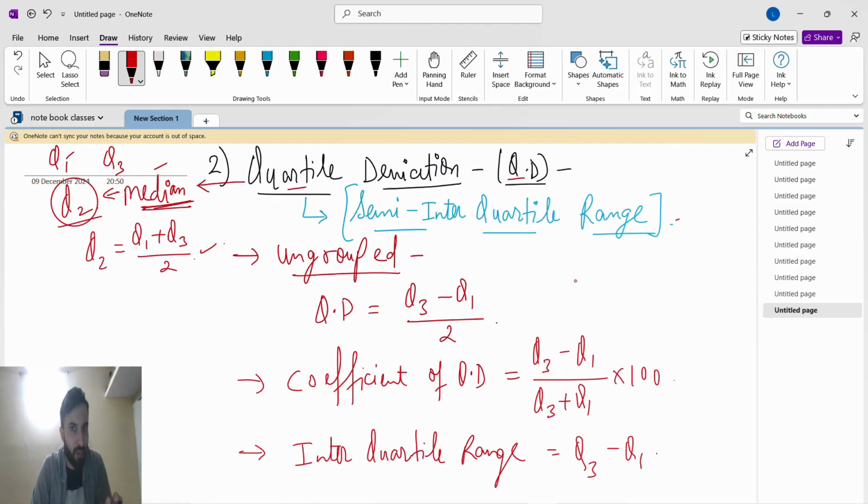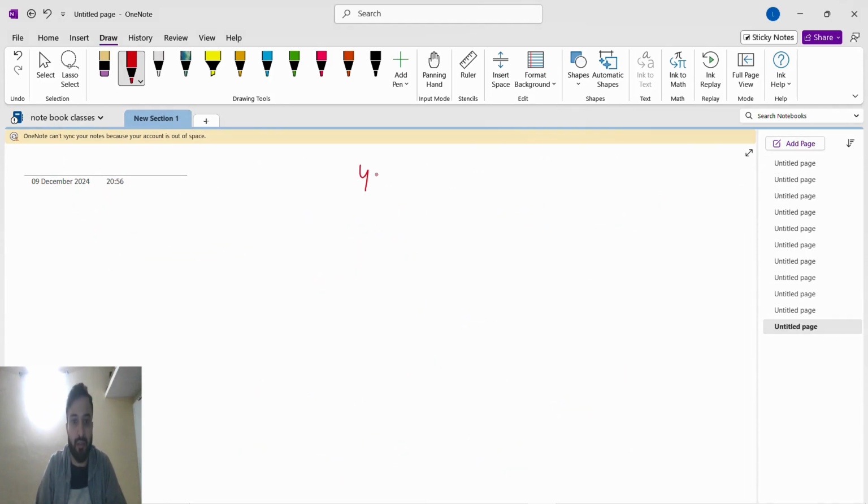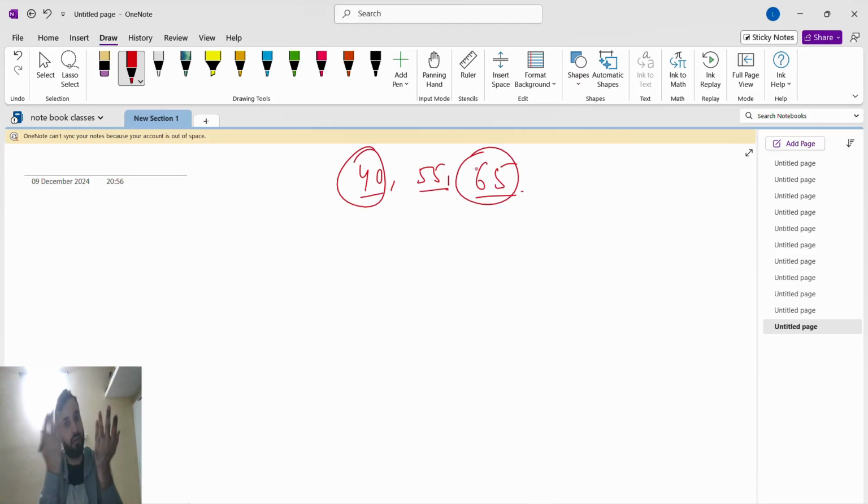The first value will be Q1, second value Q2, third value Q3. Suppose they say the quartiles are 40, 55, 65. So this is Q1, Q2, Q3. We will take Q1 and Q3, substitute, and solve to get the answer.